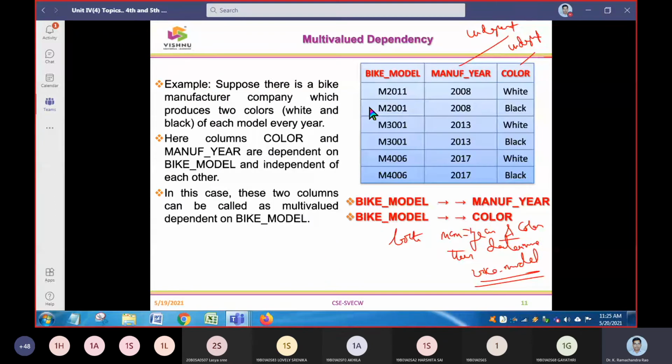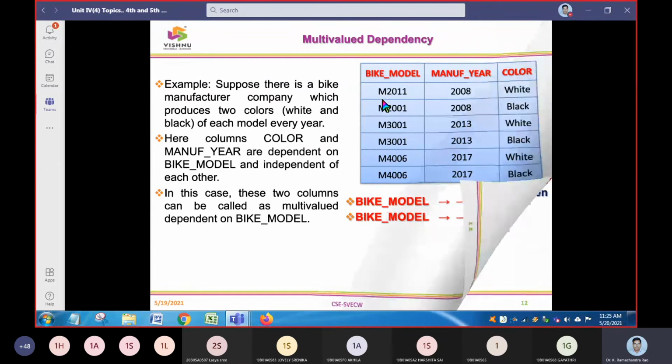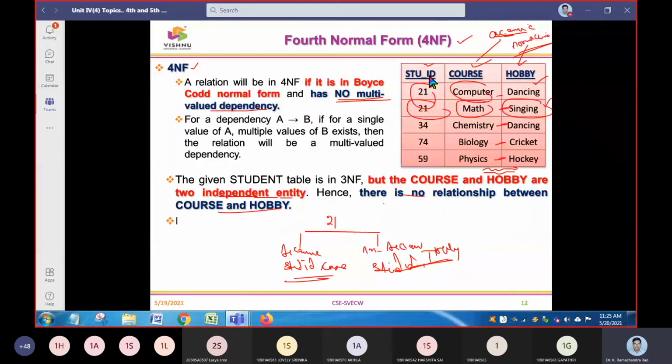So we talked with an example. Bike color is dependent on the bike model, and year is dependent on the bike model. There is no relationship between year and color, but both are used to identify the bike model. Similarly, student ID and course have a good relationship: this girl is studying this course, this boy is studying this course.